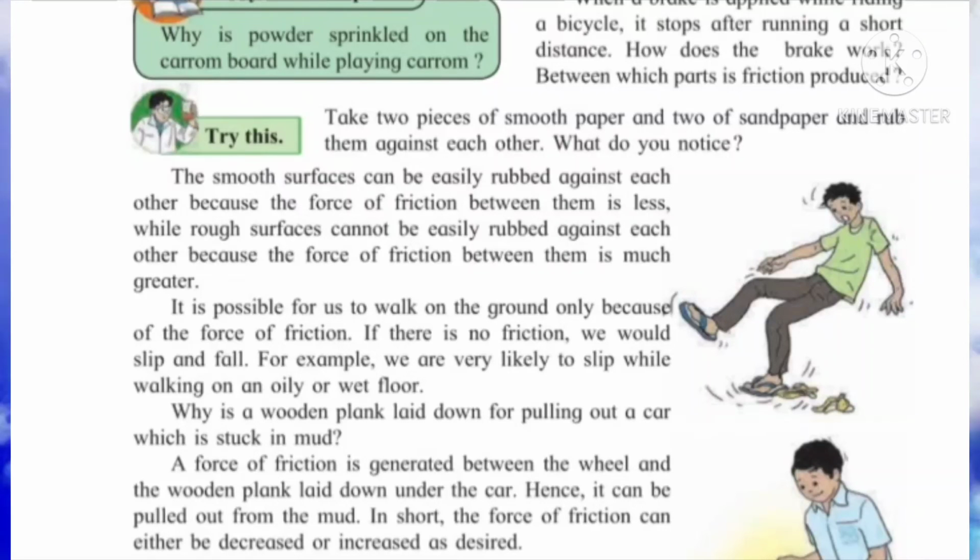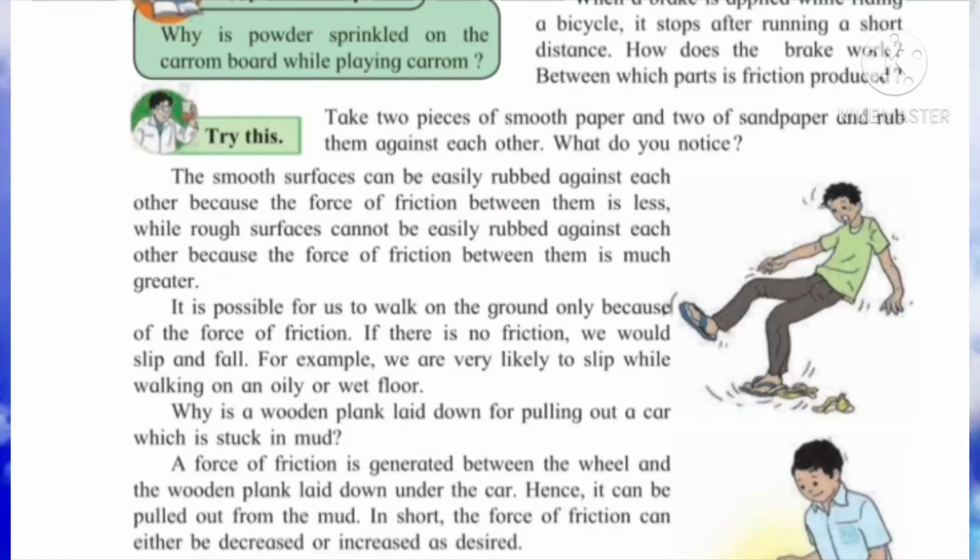Why? The scientific reason is that a force of friction is generated between the wheel of the car and the wooden plank laid down under the car, hence it can be pulled out from the mud easily.